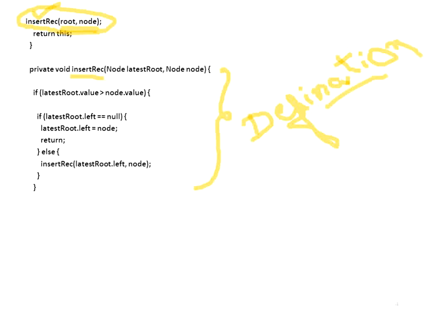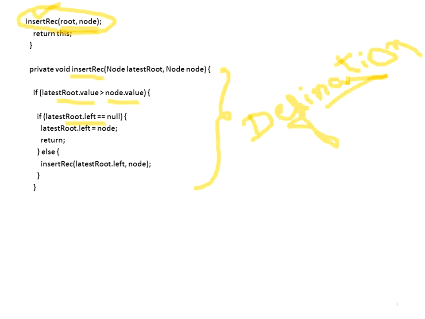So here we will compare the root value with the node value. If the root value is greater than the node value, then we will perform the next comparison whether root is equal to null or not.